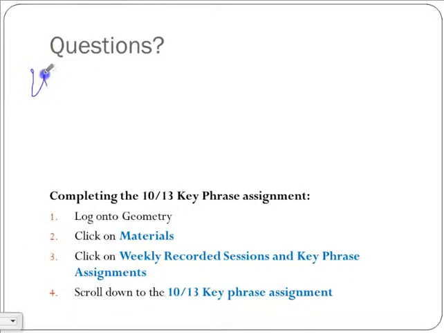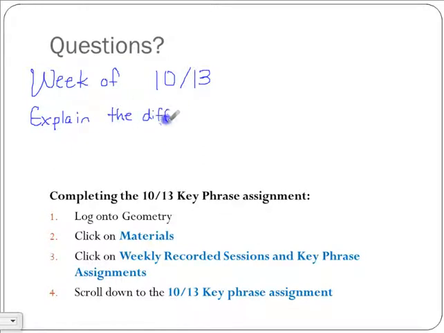So this is the week of October 13th. And I want you to explain the difference between altitudes and medians.